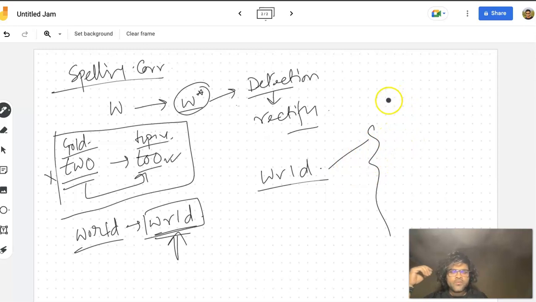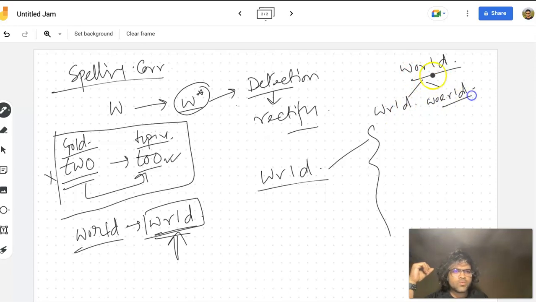But if you followed the lecture correctly, the professor already discussed that most errors come from one or two edit distances. So if world is the correct word, its most probable misspellings are maybe one letter deletion or one letter insertion, just one edit distance from the correct word.